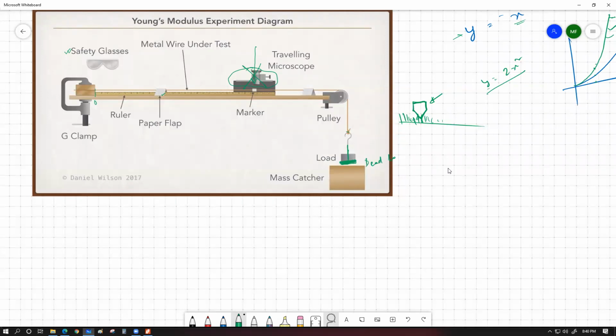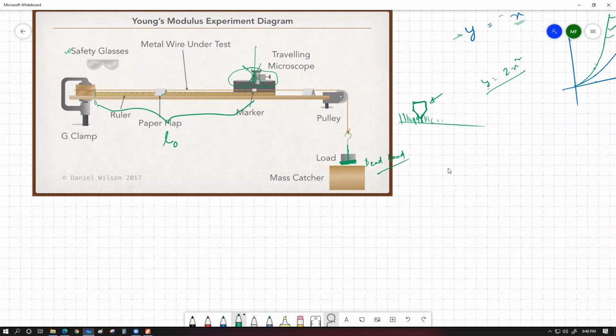The purpose of the dead load is to make the wire taut, so that the wire is perfectly straight, and because of the straight wire, this is going to give us a fixed position of the marker on this meter rule. So for our experiment, we're going to consider the length that we get for this dead load as our initial length, small l. Sometimes this is also represented as L naught.